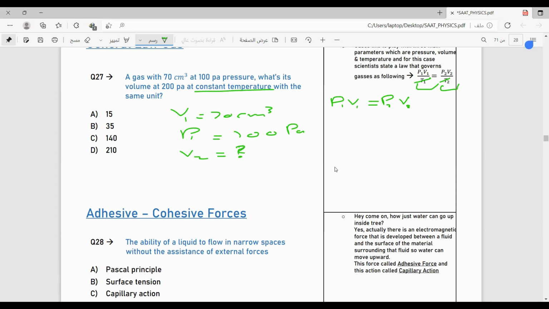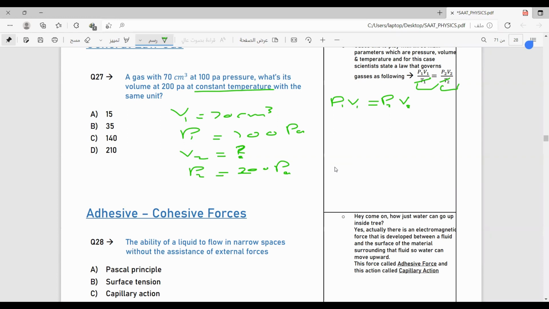And we have P2, it is known, which is how much? 200 Pascal. So what do you think the answer is using this equation now? Sir, I think it's B, 35. Okay, I will keep this answer in my mind.